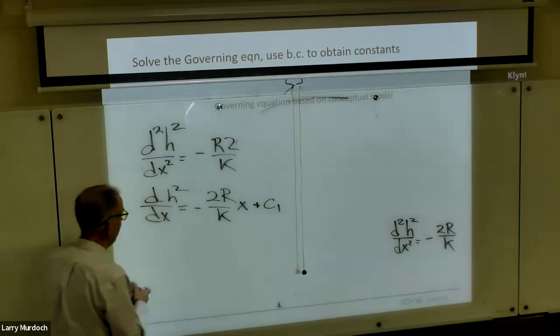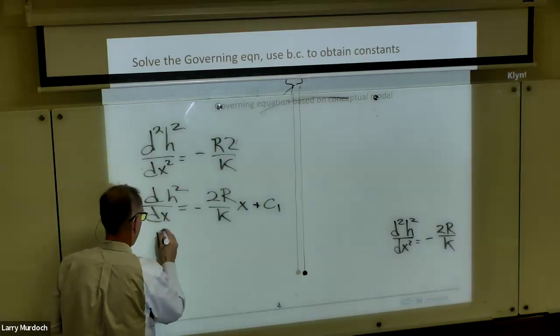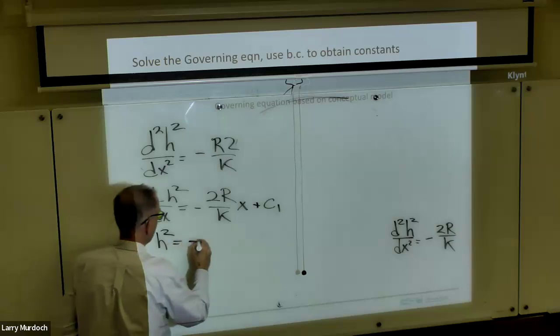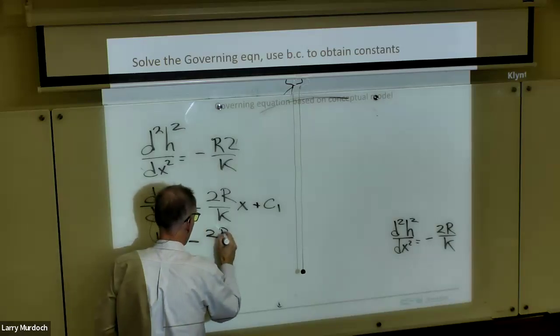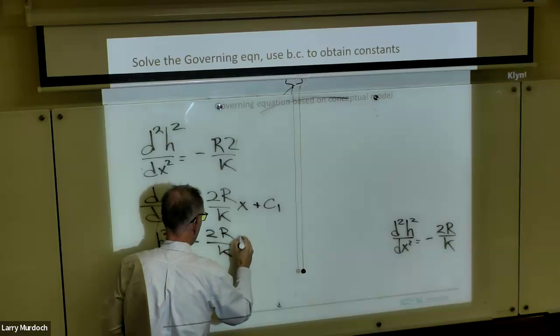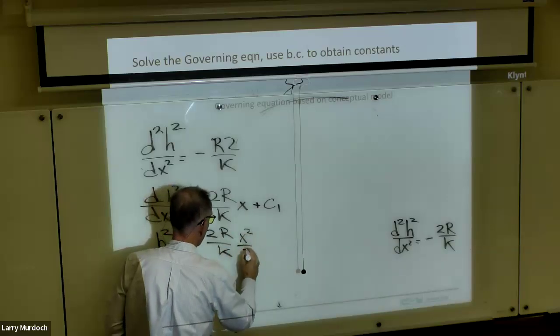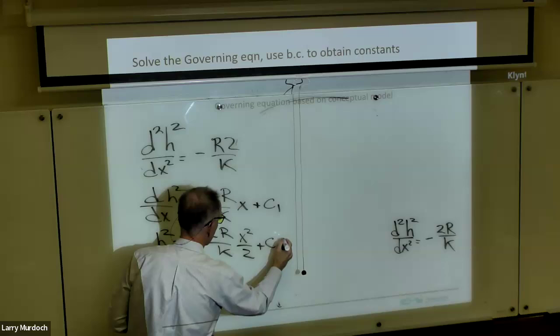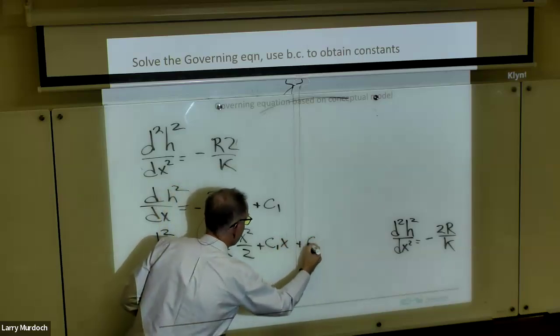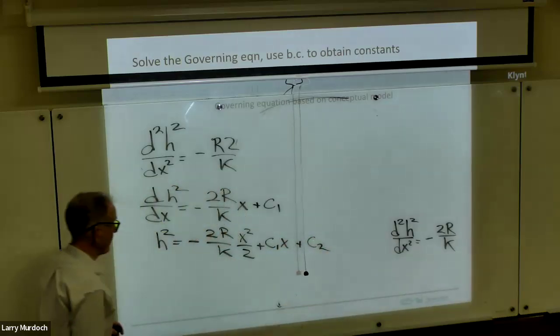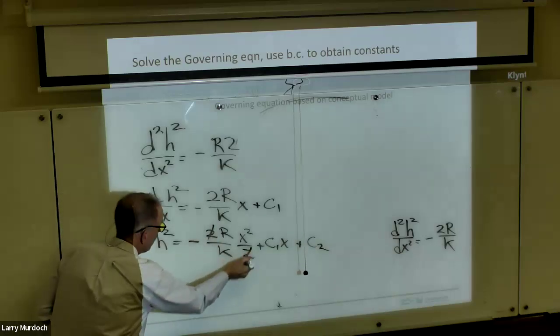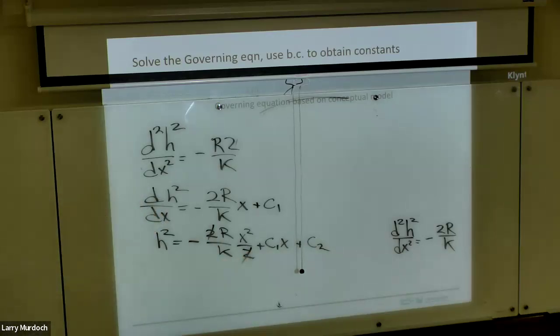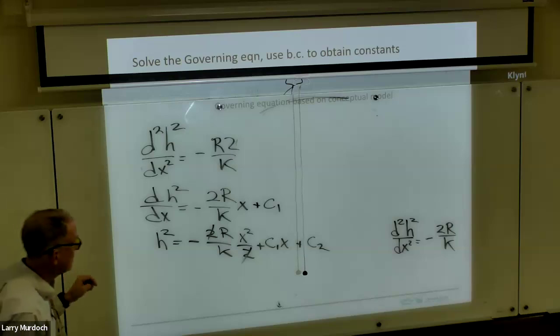We go from the first derivative, and it just kicks out h. This is minus r. Those twos will cancel. So solving it is pretty easy in this case.